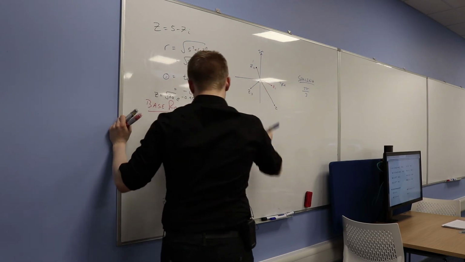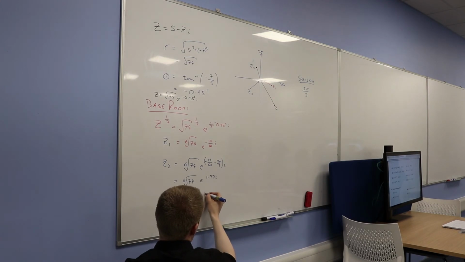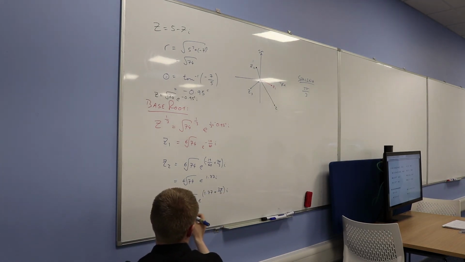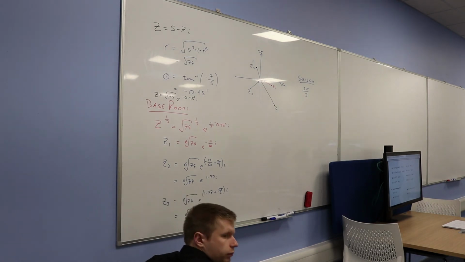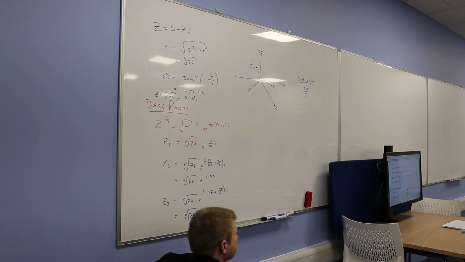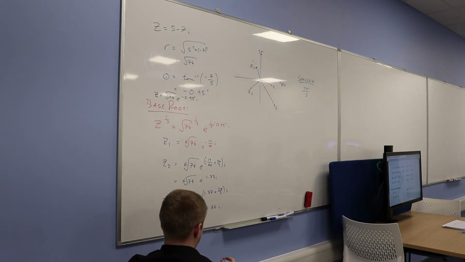And therefore, z3 must be equal to the 6th root of 74, e to the power of 1.77 plus another 2 pi by 3. The spacing is still remaining the same, remember? Lots of i. So can somebody stick that in a calculator for me? 3.86, lots of i.